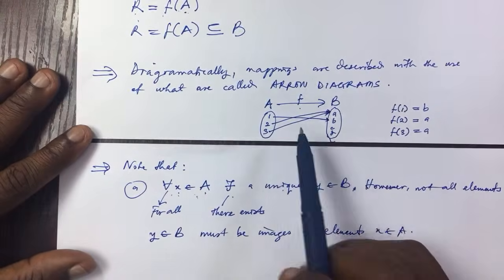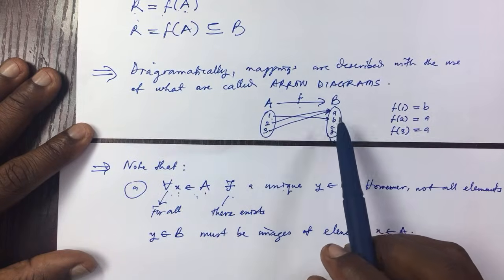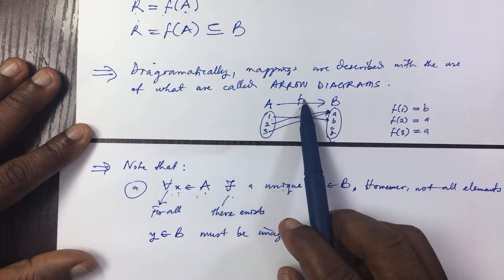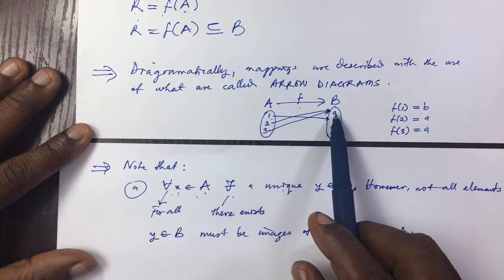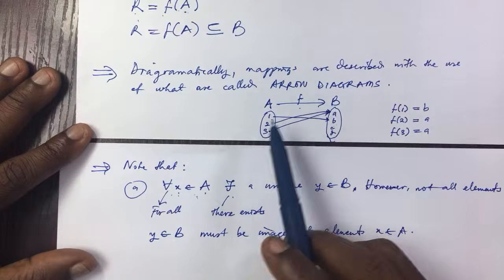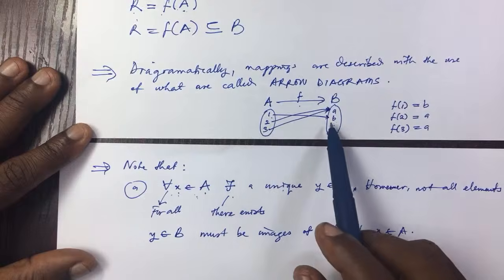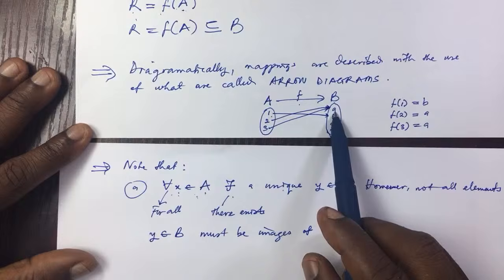Looking at this arrow diagram, you will see that I have paired the element 1 in A with an element b in B. So b can be called the image of 1 under this mapping F. I have paired the element 2, which is an element in A, with an element a in B. So a can be called the F image of 2, and the element 3 is paired with a unique element a also.